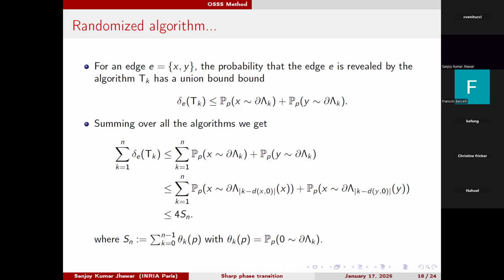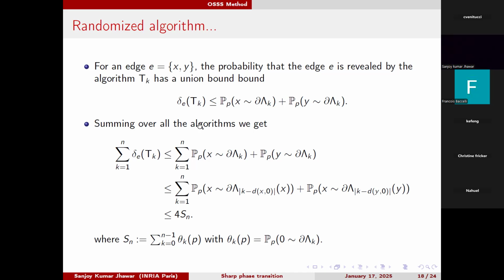Exactly. So it's a sort of compromise between the inner structure and the outer structure. You are not forbidden to explore the edges outside lambda k, but you can still stay inside lambda n. If you allow that, then you explore the path from the origin to the boundary of lambda n. Thanks.